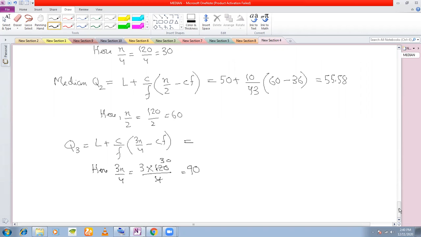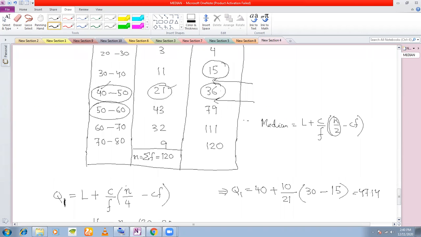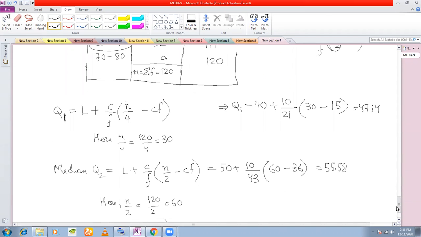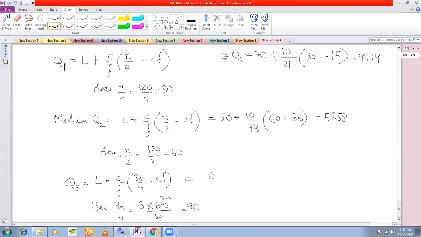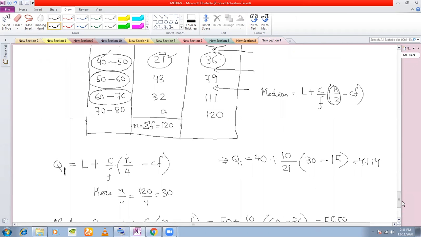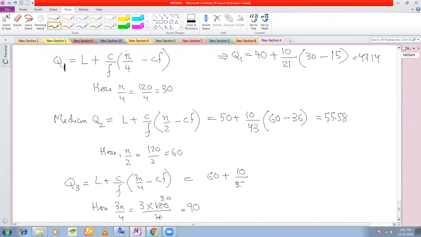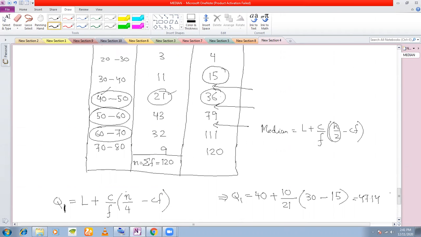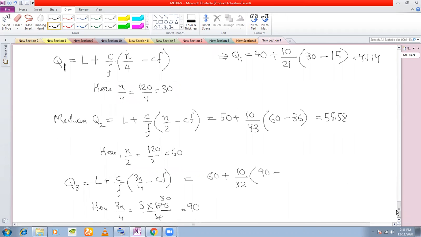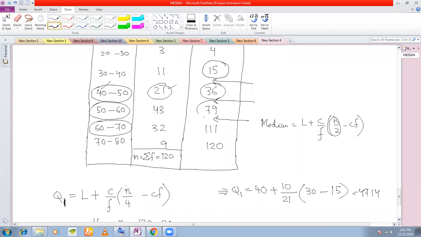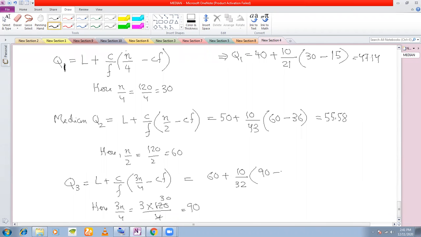So which one should we take? 90 is here. So we're going to consider this class. So 60 lower limit, 60 plus class width divided by what is the frequency of this class? 32. Divided, 3N by 4 value is 90 minus cumulative frequency just above this class. Yes, cumulative frequency above this class is 79. That's it. And you calculate Q3 to be 63.44.